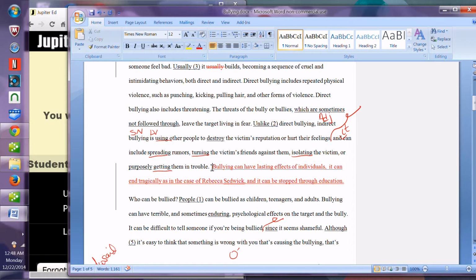And so this would be what I would call a thesis statement. It can have lasting effects. It can end tragically in the case of Rebecca Sedgwick, and it can be stopped through education.